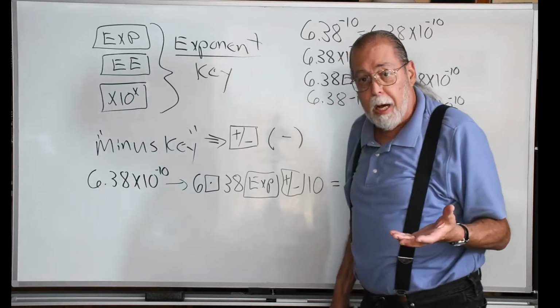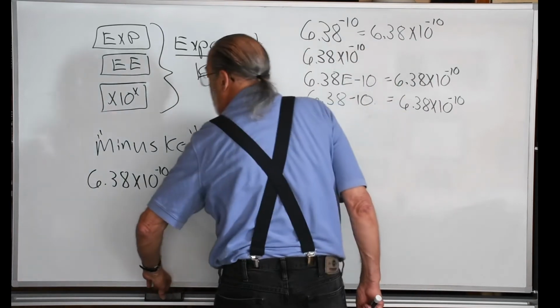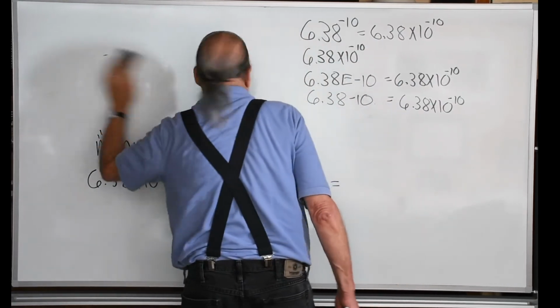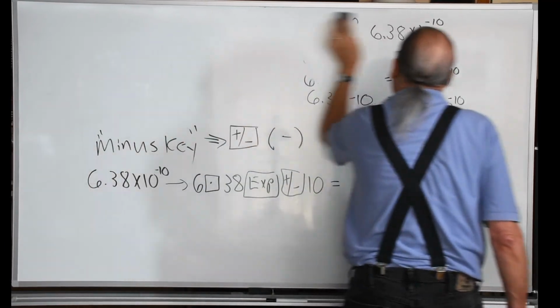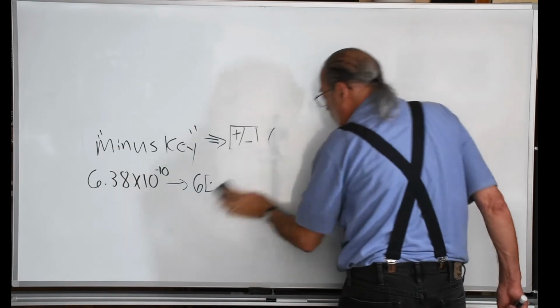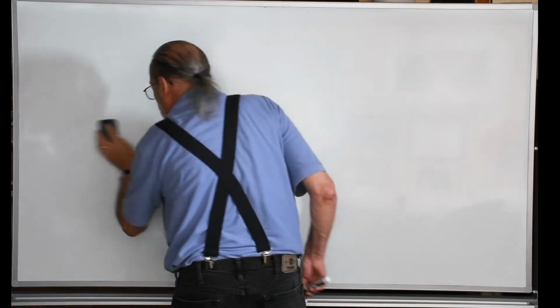To multiply numbers in scientific notation is no problem. You enter them just as I've shown you here, and multiply and divide and do whatever else, and the calculator will know exactly how to do it.